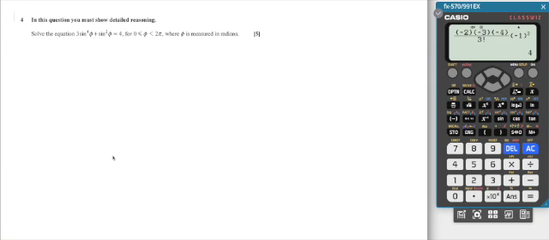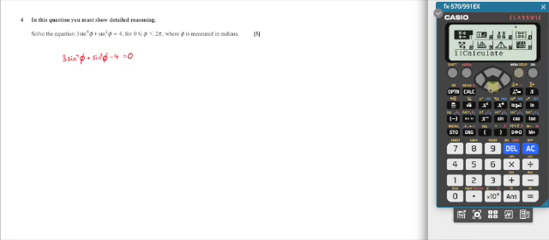We are going to say 3 sine to the 4 theta plus sine squared theta minus 4 equals 0. Again, it says detailed reasoning, so you shouldn't just be plugging it into the calculator and using the answer, but there's nothing stopping you popping it into your solver to do the factorising for you.